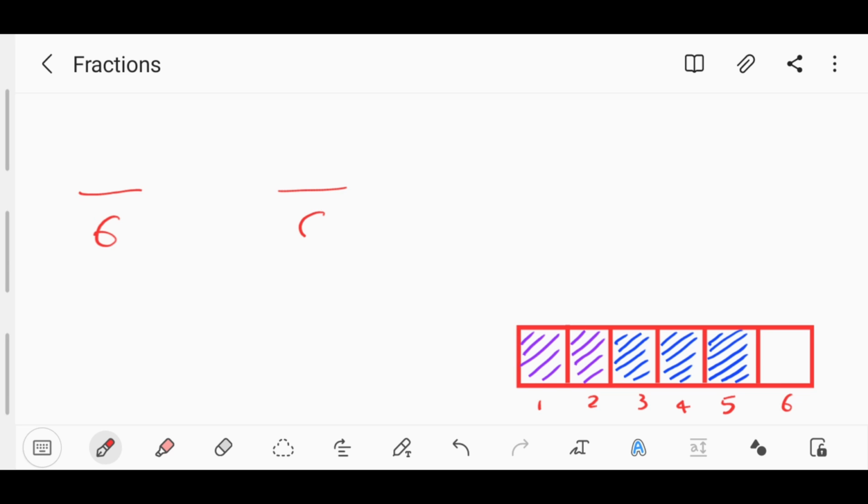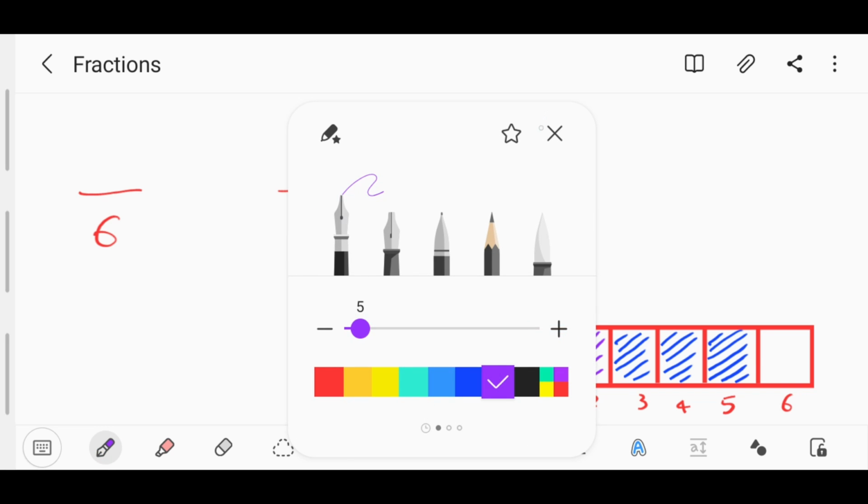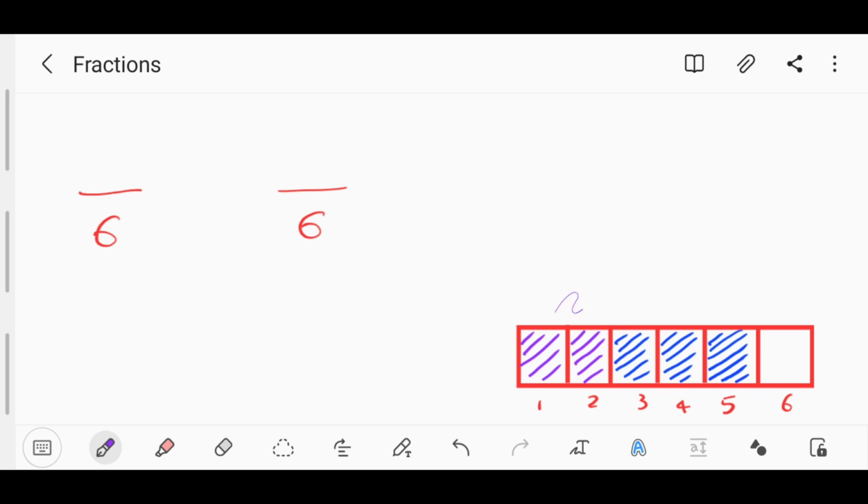So 6 is in the denominator because it represents the total number of parts. And then when we write the fraction that is shaded in purple, there's 2 shaded in purple over here. So the numerator is going to be 2. So this fraction will show us how many blocks are shaded in purple.